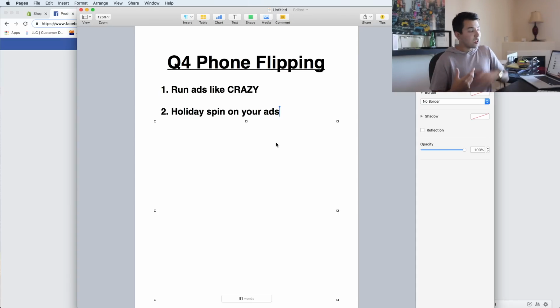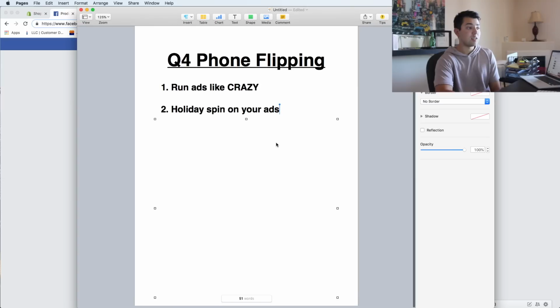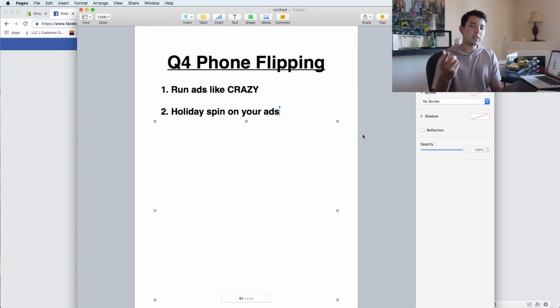And even the picture, you might add snowflakes to it, maybe a snowman, make it a little bit appealing, play around with it, and if it doesn't work, it doesn't work. But with that said, I can almost guarantee it's going to help you buy an extra anywhere from 1 to probably 50 phones during the holiday season, simply because you took that extra time to make it look a little bit more appealing, attracted to the holiday season.